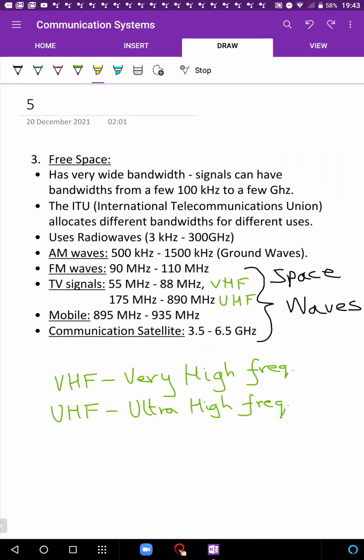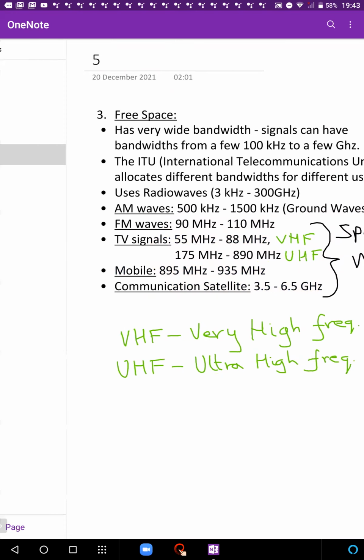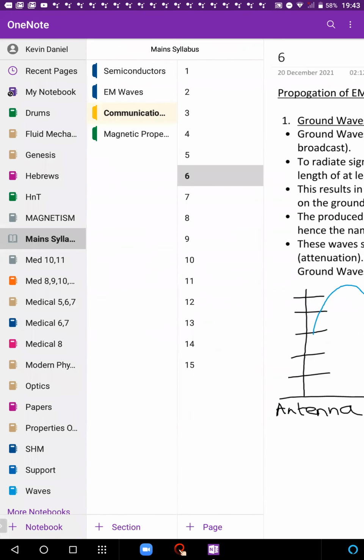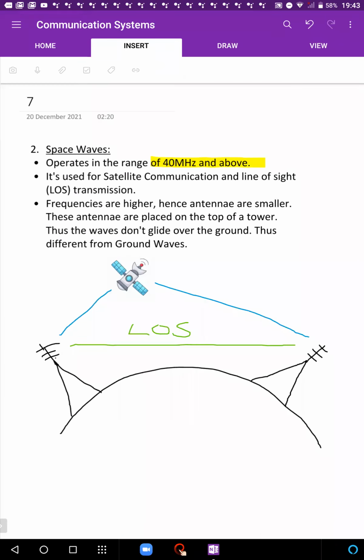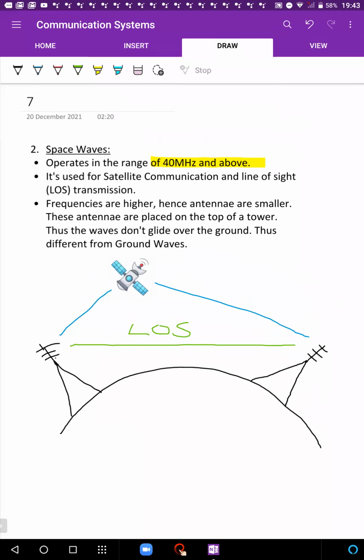All these FM, TV, mobile communication, satellites, are going to use space waves. If they ask you that, you should know they use the space waves mechanism. It's used for satellite communication.